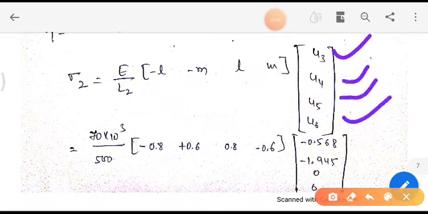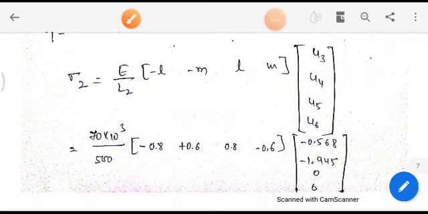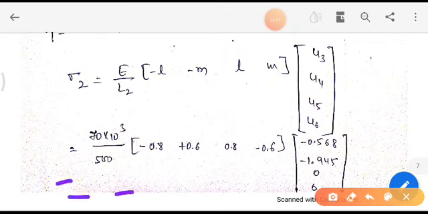Once you multiply row and column and simplify, you will get the answer, which I want you people to determine and comment below.